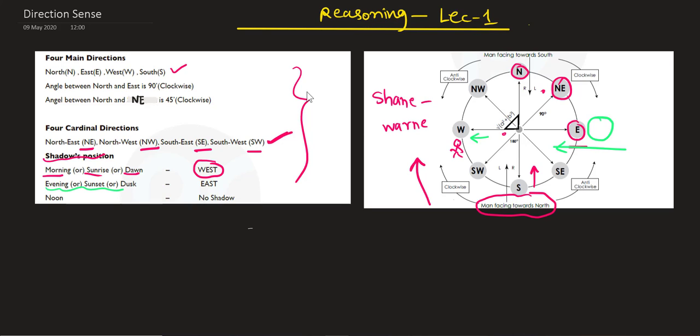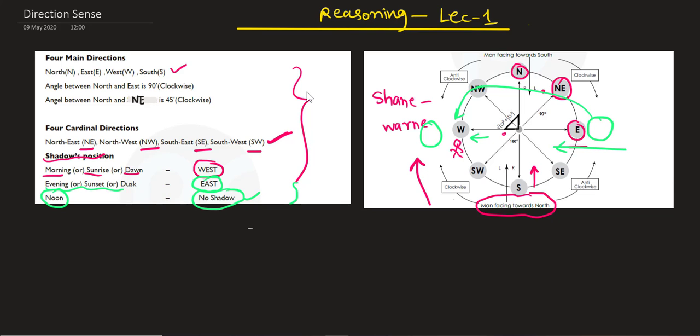In the evening, the sun will be going into the west, so the shadow's position will be east. And in the afternoon or at noon, there is no shadow of any object. So these are the basic concepts you need to remember.